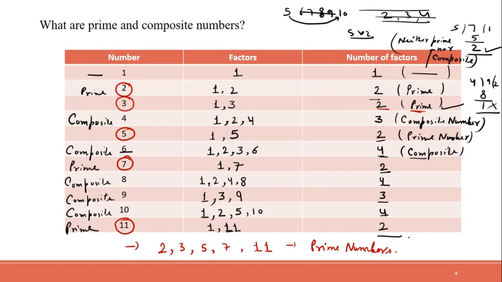I want you guys to learn these 5 numbers. That is 2, 3, 5, 7 and 11 are prime numbers. By the next class, I expect that you guys would learn these numbers. And also remember this thing.